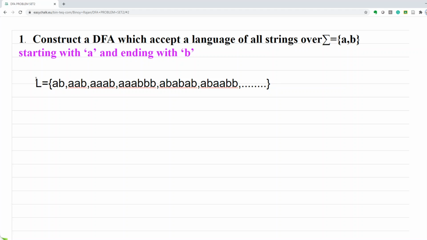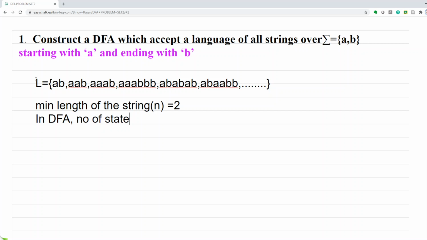Now, how do you estimate the number of states needed for constructing a DFA? Here the minimum length of the string is 2. We name this as N. Now, in a DFA, the number of states can be calculated with n plus 1.